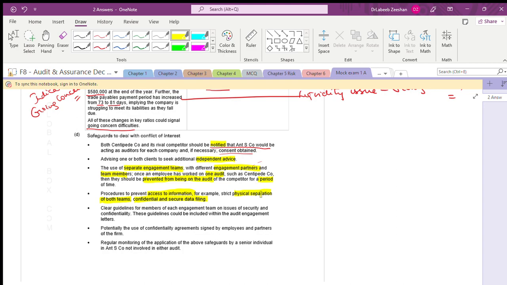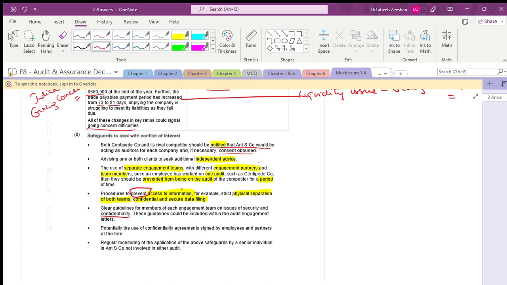You have to prevent access to information. Strict physical separation, no interaction between the teams, very professionally. Clear guidelines for members of each team in terms of security and confidentiality.